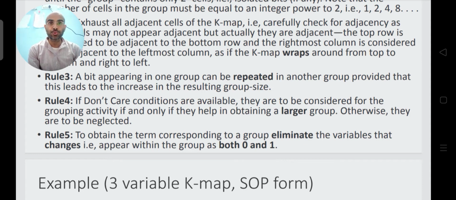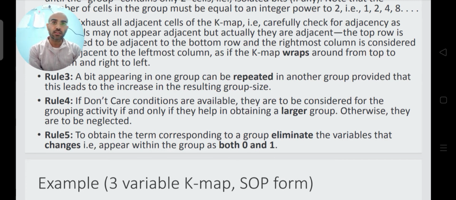If the inclusion of that don't care is not helping in forming a larger group, then that don't care should be treated as 0. So that particular X mark can be treated as 1 or 0 depending upon whether it is simplifying the expression or not. If it is simplifying, then we can use it as 1.